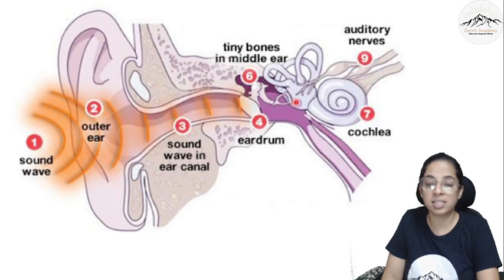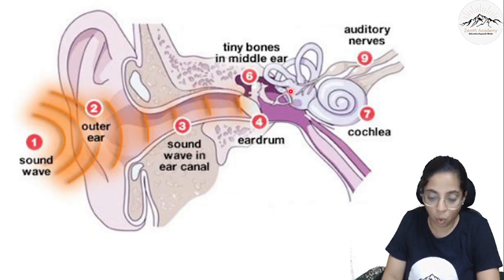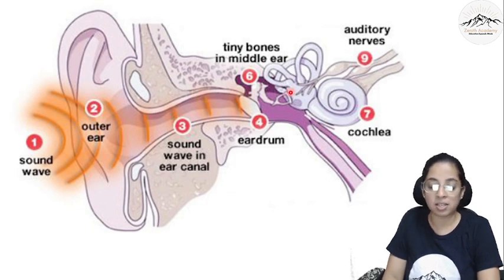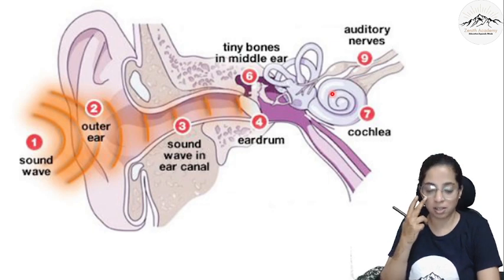Now this vibrating stirrup transmits the vibration to the membrane of this oval window, which in turn sets the fluid into motion. There is a fluid inside this. I had spoken to you about two different fluids, right?